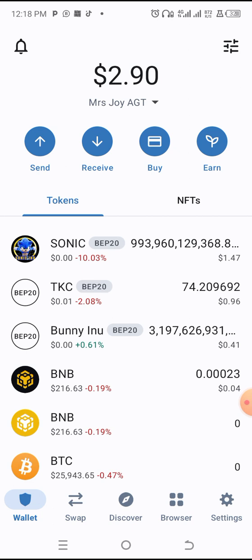The main purpose of Trust Wallet here is an exchange platform where you can exchange your stuff and all that. Trust Wallet is a decentralized platform where a lot of things happen.